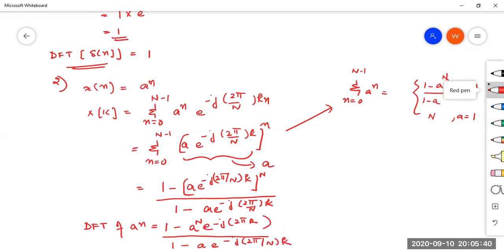So the DFT, discrete Fourier transform of a raised to n is 1 minus a raised to N e raised to minus j 2 pi k divided by 1 minus a e raised to minus j 2 pi by N k.